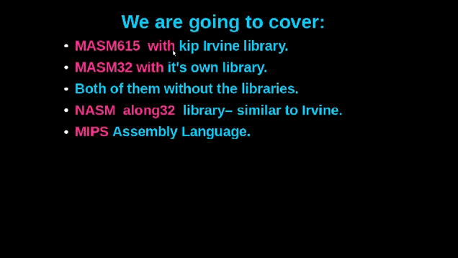You can see how much difference there is between them. We're going to do both of them without libraries, so we're going to go from high MASM to low MASM. That's really good. And we're going to do MASM32, also high and low. MASM32 comes with a library similar to Kip Irvine's. It's another library that we can use, but we're going to do it with a library and without a library.